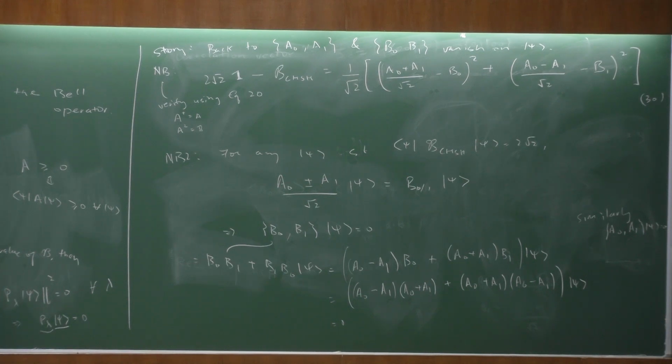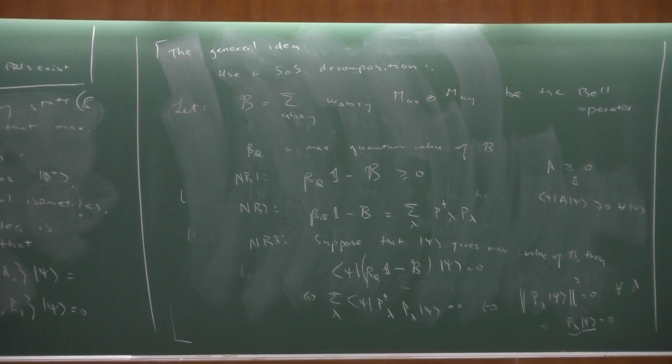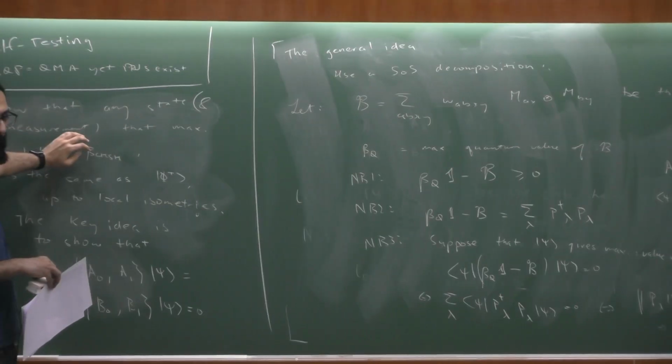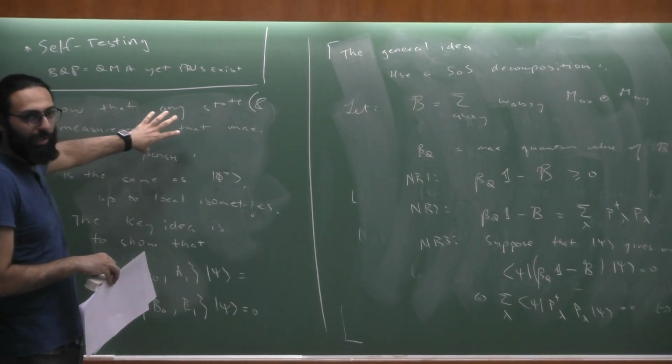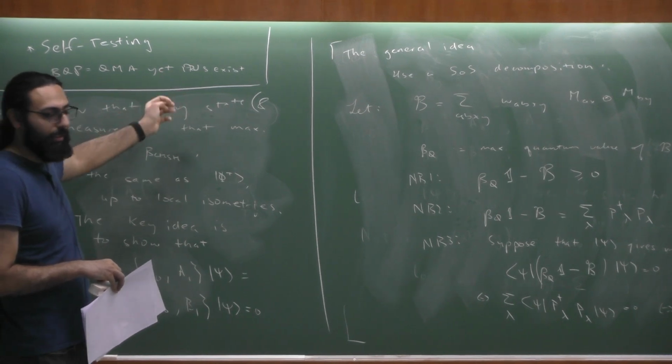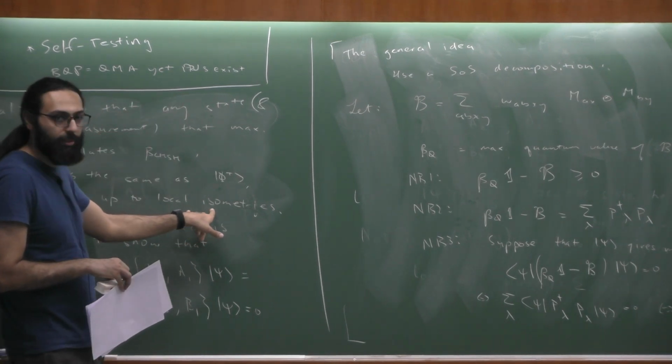So yeah, self-testing is the statement that if you have a maximal violation of a Bell inequality, in this case we're looking at CHSH, then we'll prove that the state that you use to get the maximal violation is essentially the Bell state, and the notion of essentially is local isometries.